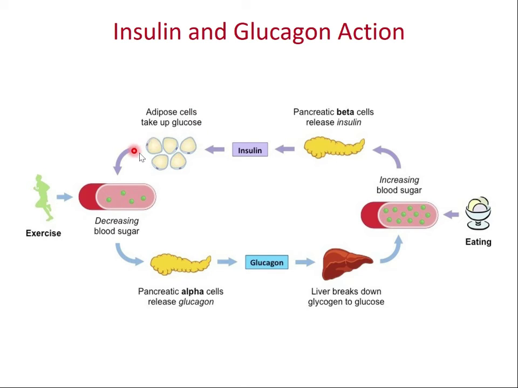And at some point, if there is a low glucose level in the blood, these can release glucose again into the blood. Similarly, when we exercise, that will use up the blood sugars and that will stimulate the alpha cells to release glucagon, and glucagon will act on its organs to break down glycogen, forming more glucose and releasing it into the blood. So that's the pathway that's used here.